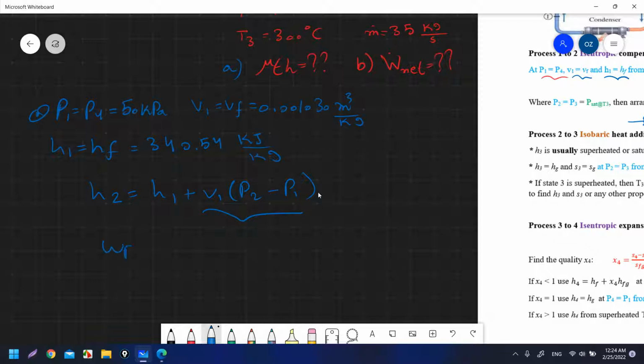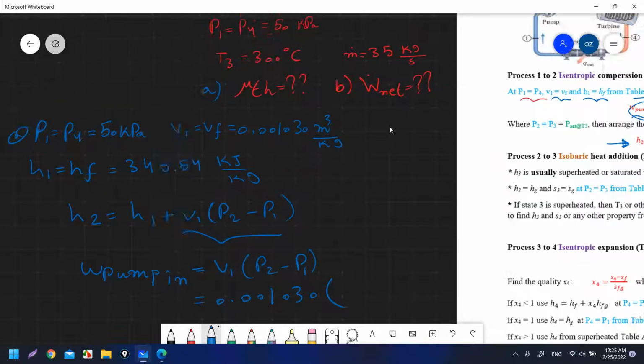Okay, and V1 (P2 minus P1) is equal to work pump in. So let's find first work pump in. You can substitute directly in this equation, but let's find also work pump in, because I think we need it here if you want to find W dot net. So it is also equal to V1 (P2 minus P1). V1 is 0.001030.